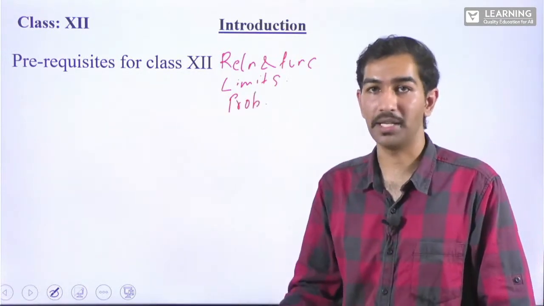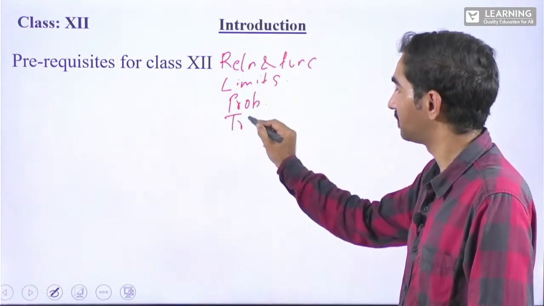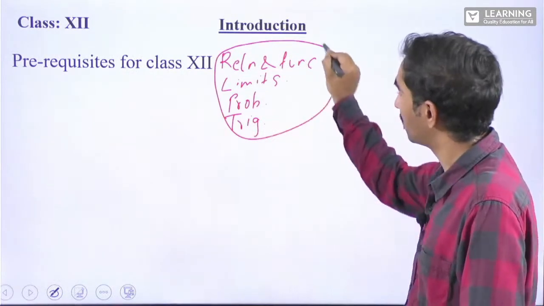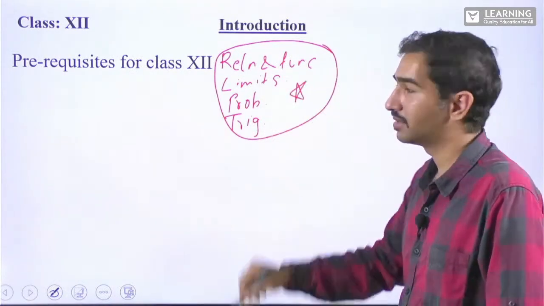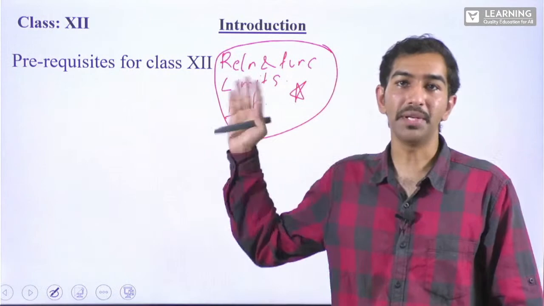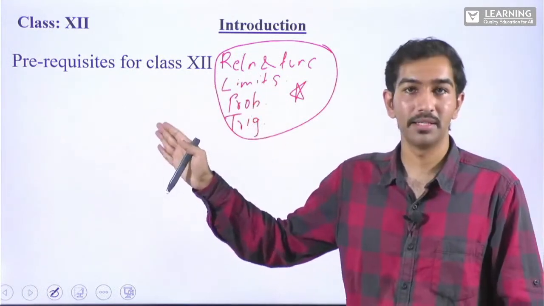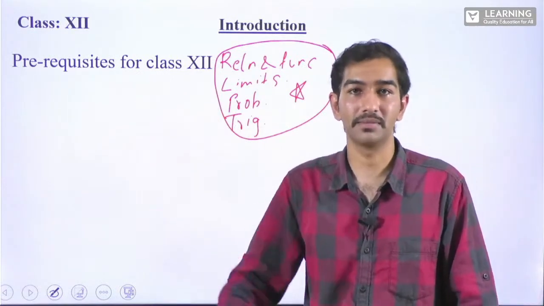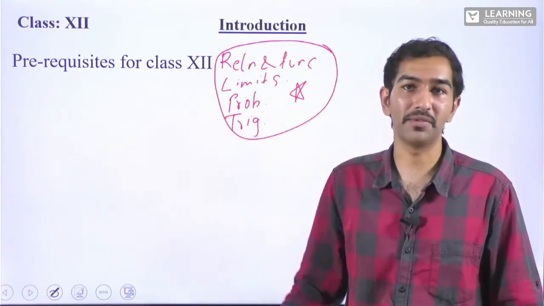And the next topic is trigonometry. You have to be very good with these four topics. These are the prerequisites for class 12th. If you are good with these, class 12th becomes very easy.